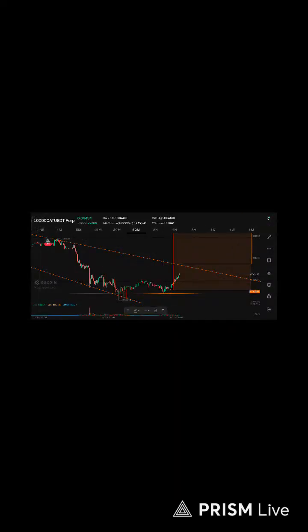I've taken a screenshot of it. Just wait. Don't enter the trade now because it can retest. Just wait for it to break this point, right? That is where you are going to buy.